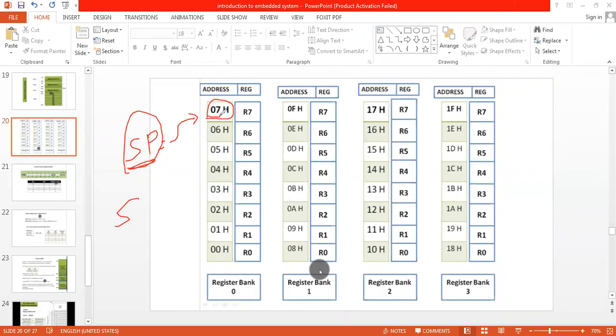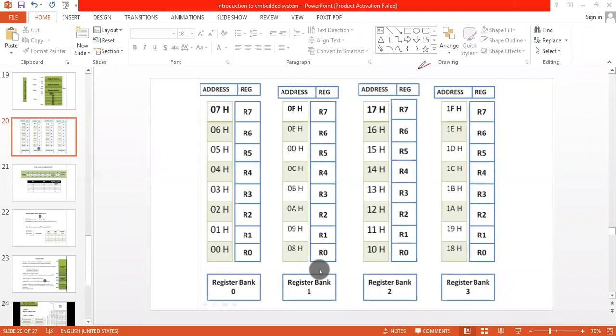So what is the necessity of this stack pointer register? When I am executing one program, suppose I want to save the value of some register into a stack memory. What is the stack memory I have here? The same 32 bytes.